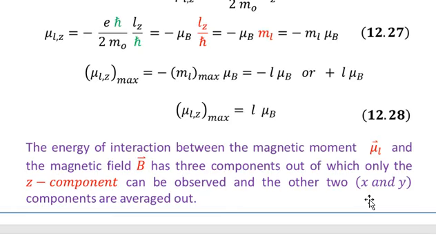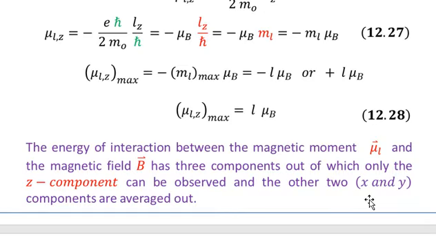I have also related these quantities with each other, and I have shown that these two quantities will precess about the direction of the magnetic field applied externally to the atoms. I have also discussed the quantization of the Z components of these two quantities, and that their X and Y components will average out during the motion of the electron.